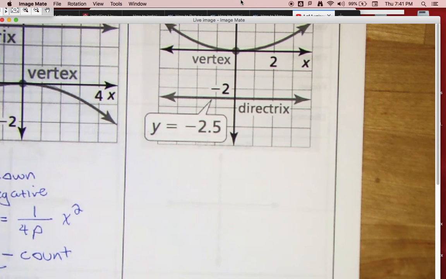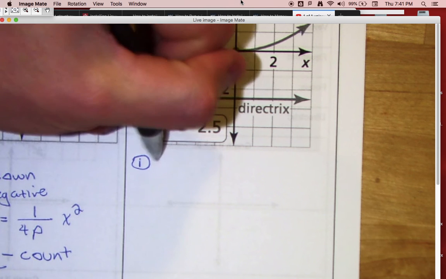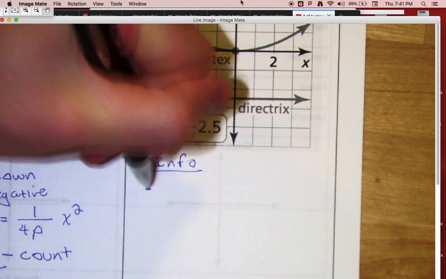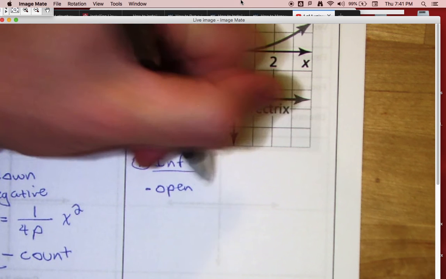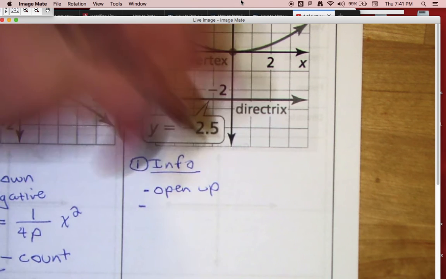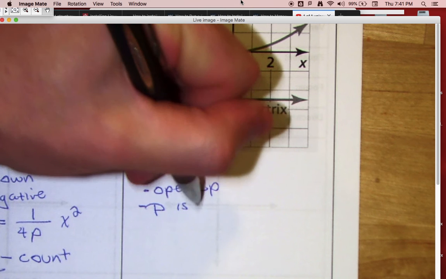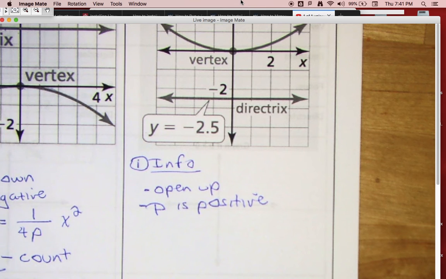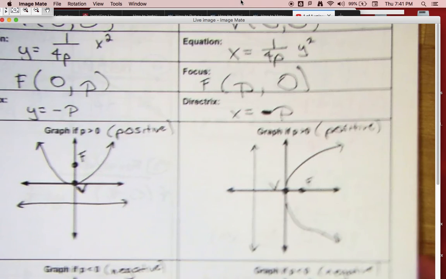All right, let's look at this one over here. Same process. Gather info. This one opens up, so p is going to be positive this time. Because if we look at this, it opens up, so p is positive.